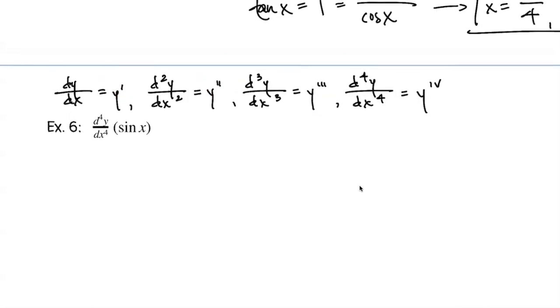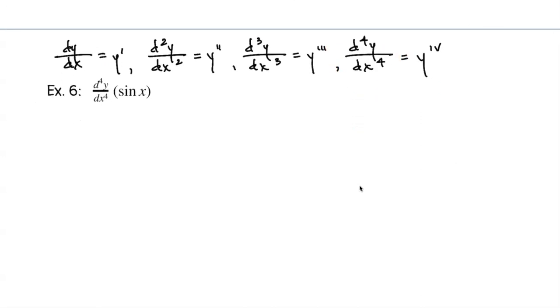Because we sort of run out of Roman numerals, well, we don't run out of them, but I think we just don't know those quite as well. Sometimes this notation is a little bit easier to interpret. Okay, but in essence, example 6 is just asking us to find the 4th derivative of sine.